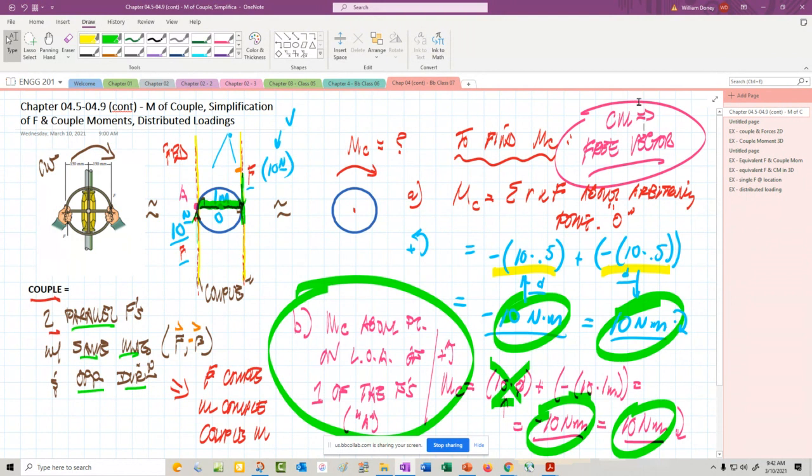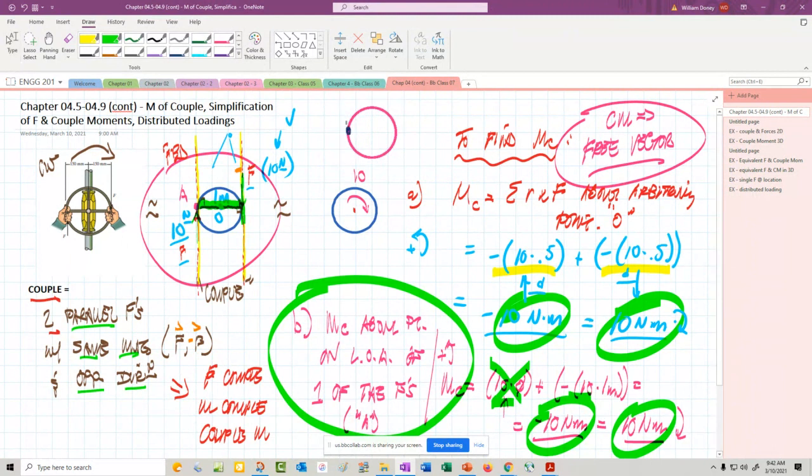What does that mean? That means if I have this drawing here, let me just clean this up. If I have this drawing, I can replace these two forces with a couple moment right here that's 10. Or we draw another one.